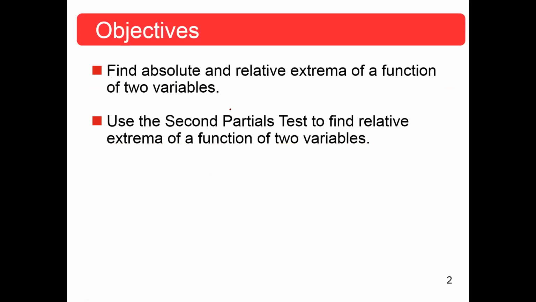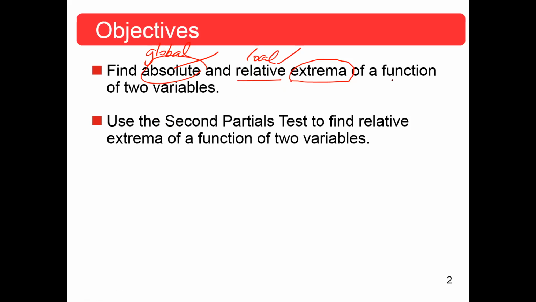What we're doing here is we want to find two kinds of extrema. One is called absolute extrema, or also called global extrema. And the other one is called relative extrema. Some books also call it local extrema. Okay, so these are different terms you may see.